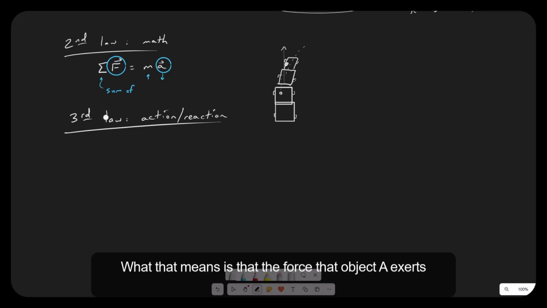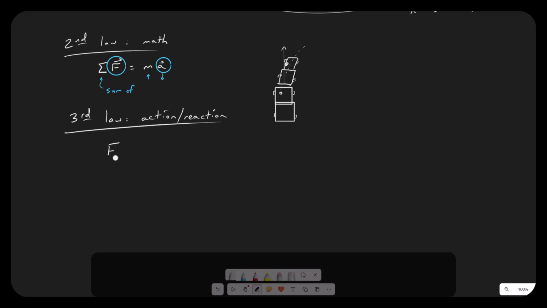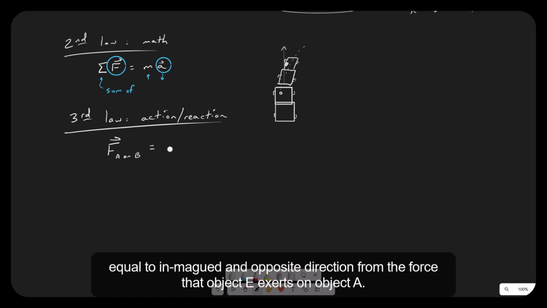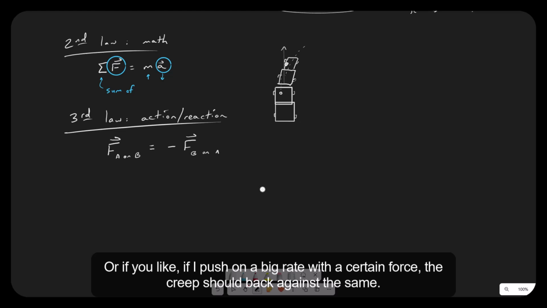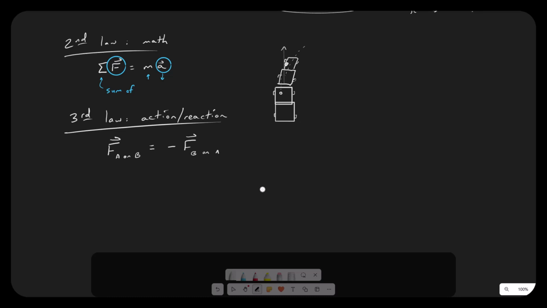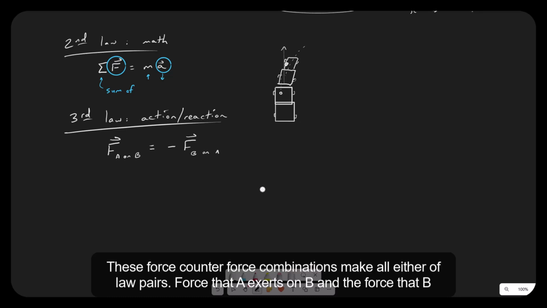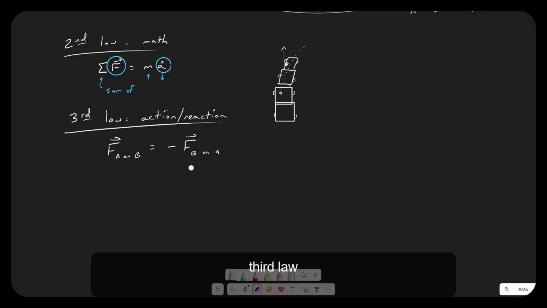What that means is that the force that object A exerts on object B is equal in magnitude and opposite in direction from the force that object B exerts on object A. Or if you like, if I push on a big crate with a certain force, the crate pushes back against me with the same force. These force-counterforce combinations make what we call a third law pair. The force that A exerts on B and the force that B exerts on A are a third law pair.